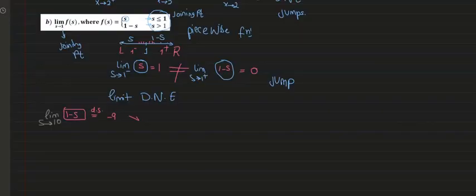Just for your knowledge, if we graph x squared minus 1 over x minus 1, which is simplified into x plus 1, we have to say it's simplified into x plus 1 where x is not equal to 1, because in the original function we have a division by x minus 1 and we need to avoid dividing by 0.